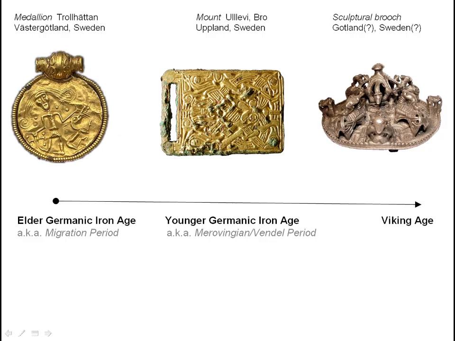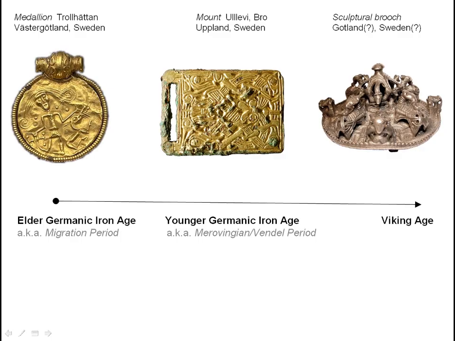So in front of us we see a gold bracelet, which is a kind of amulet showing Tyr, probably, the god that is bitten in the hand by the Fenris. In the middle we see some kind of clasp from what could be the younger Germanic Iron Age when we are in Denmark, also known as Merovingian period on the continent, and the Vendel period in Sweden.